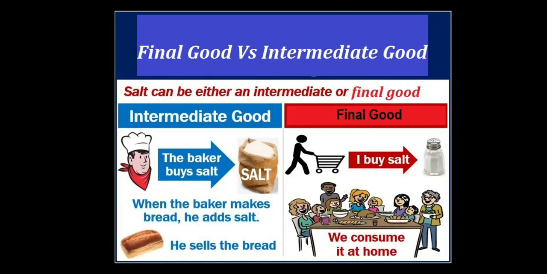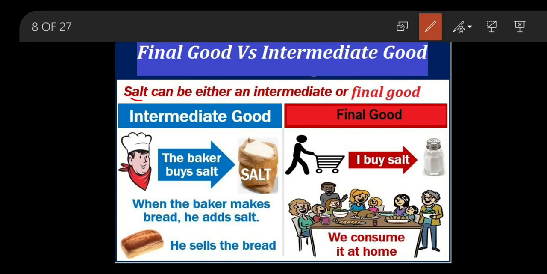Now, there are some goods which are partially final and intermediate goods. For example, like salt. Salt can be either an intermediate or a final good.